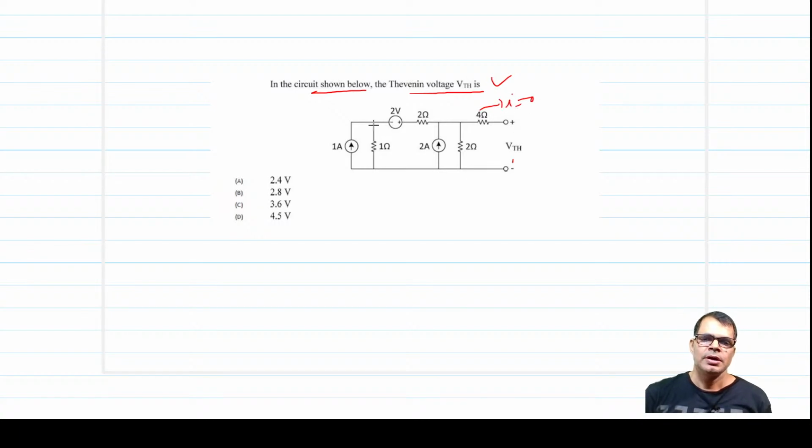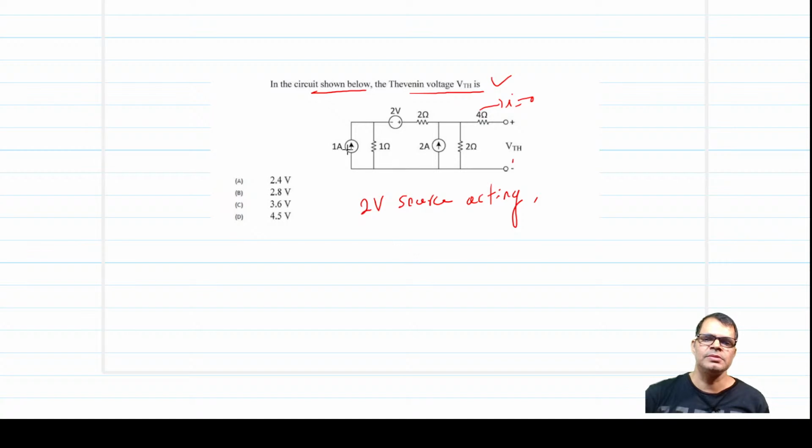You can find it with the application of any of the concepts you learned, but I will use the superposition theorem here. When only the 2-volt source is acting, only the 2-volt source is acting.